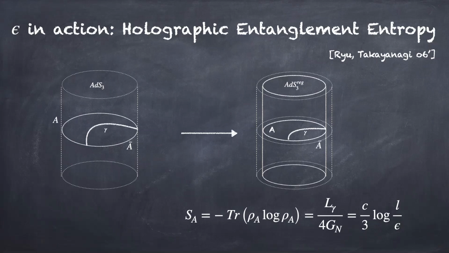And this divergence in the length maps onto the divergence on the conformal field theory side of the entanglement entropy, which we then regulate with the cutoff epsilon.